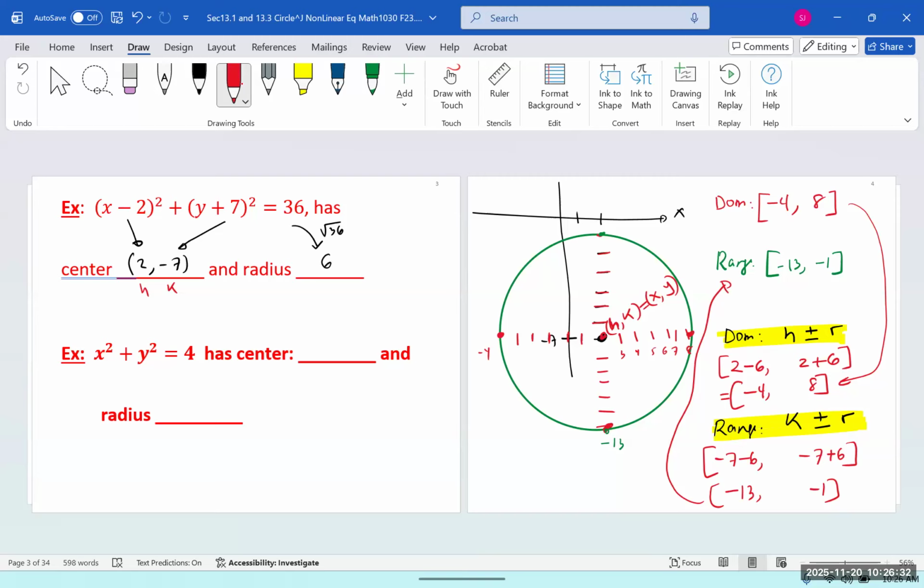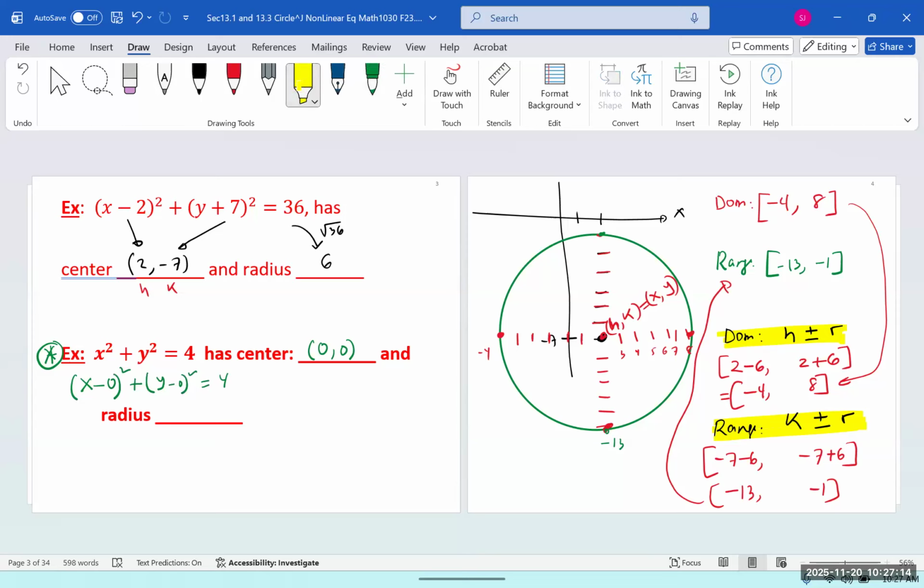Now in the next example on the left page, we have x squared plus y squared equals 4. So what's the center of the circle now? (0, 0). Good job. When you don't have any number next to your x and y, that means you have 0, 0 there. So this thing can be written as (x minus 0) squared plus (y minus 0) squared equals 4.